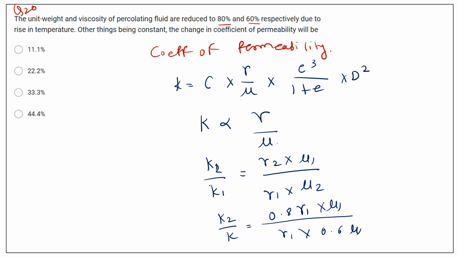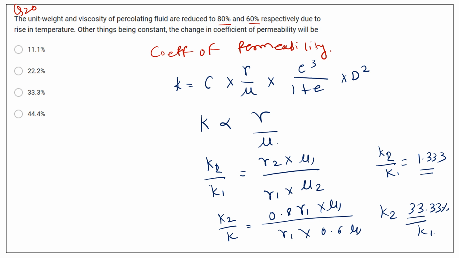So I take gamma 2 as 0.8 of gamma 1, and mu 2 as 0.6 of mu 1. After calculation we get K2 by K1 equal to 1.33, and if we calculate this as a percentage, K2 is increased by 33.33% over the K1 value.